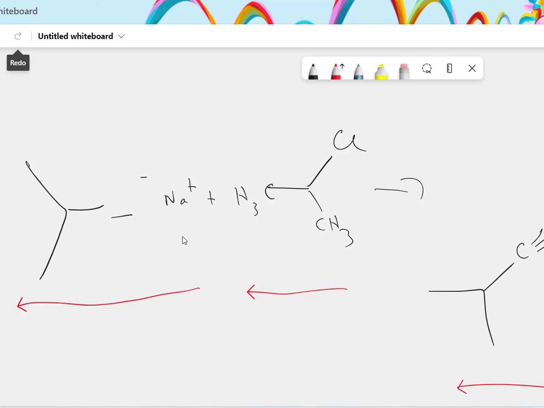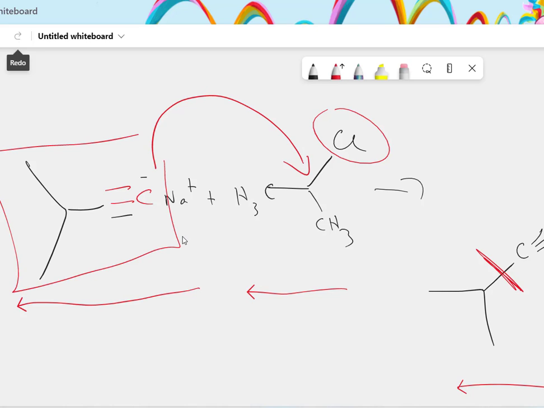All right, let's try this again. So the carbon here is going to form a new bond right here with this carbon. So essentially we're replacing the chlorine. So this is where the chlorine was right here. And what I'm doing is I'm replacing the chlorine with this entire molecule right here attached through this carbon. So there's that carbon of the triple bond. And here's the rest of the molecule that I've got right here. All right, so this is the new compound.